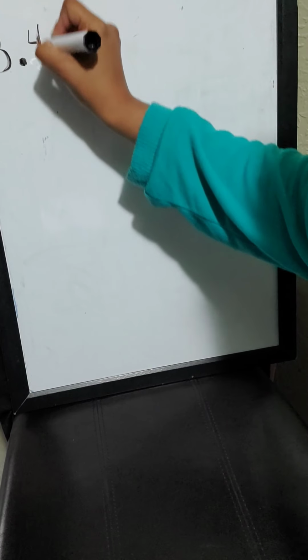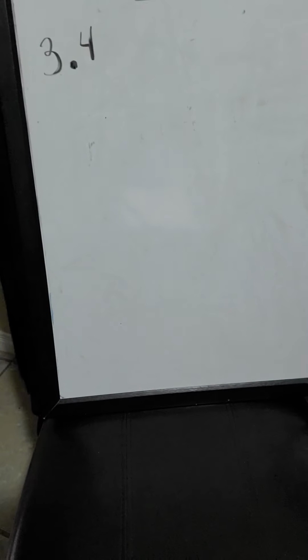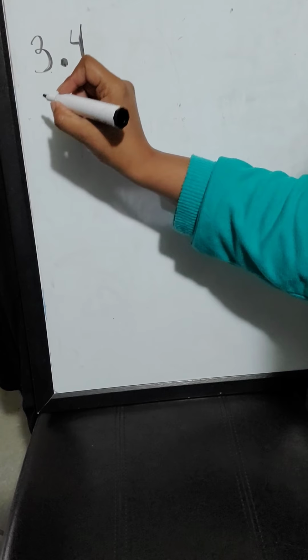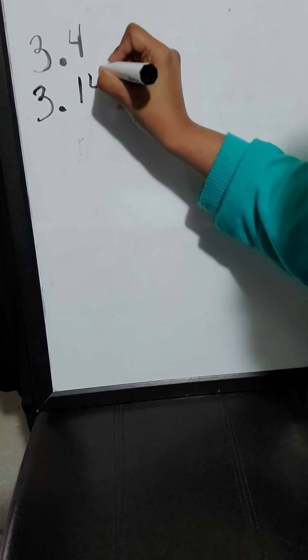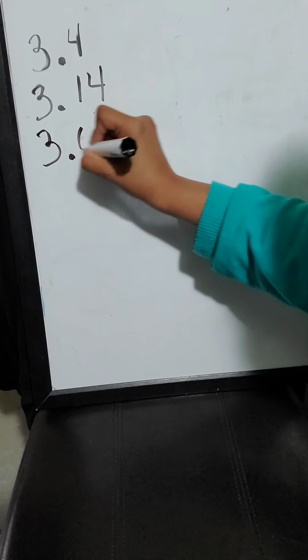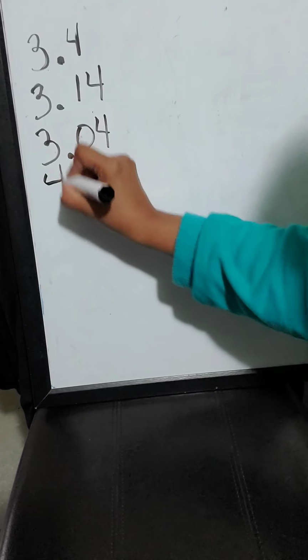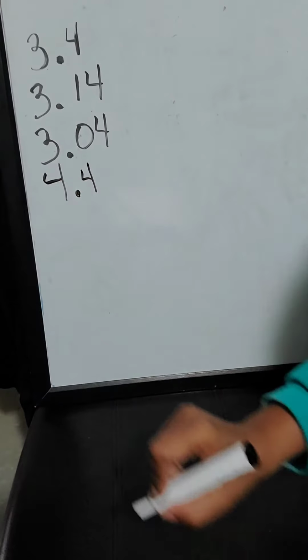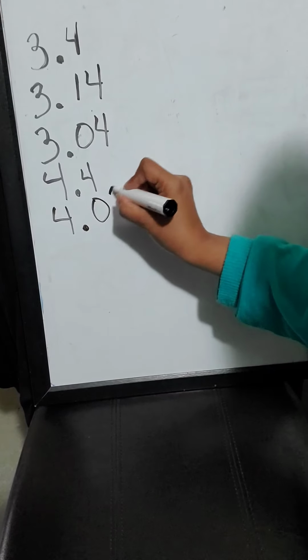So I have 3 and 4 tenths. 3 and 14 hundredths. 3 and 4 hundredths. 4 and 4 tenths. And 4 and 3 hundredths.